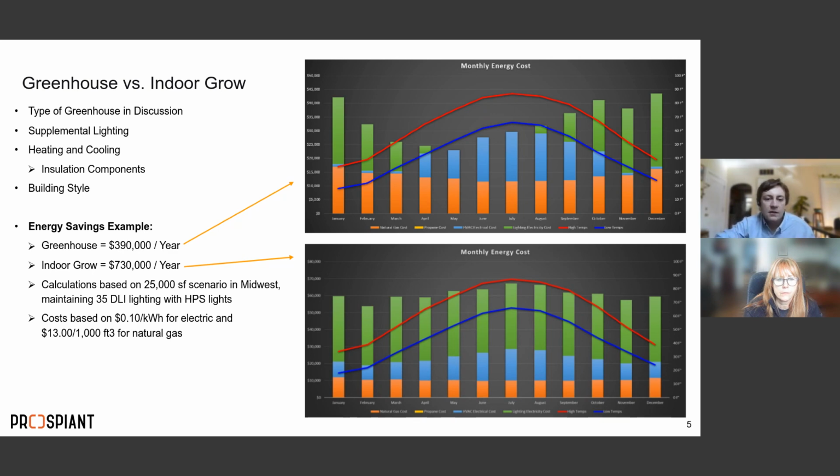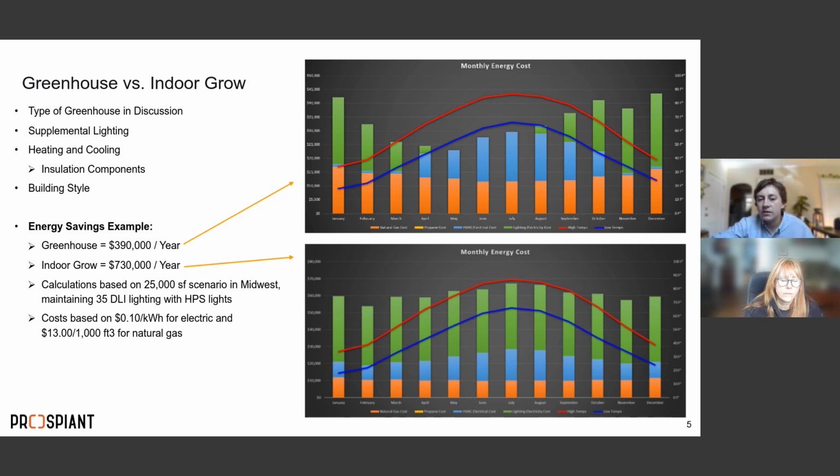So at the end of the day, we were running the calculations on this and found that the greenhouse had about $390,000 in electrical and gas usages for the year to run these 4 systems, or basically just the systems in the greenhouse. And then the indoor grow had almost double, at $730,000 a year of expenses. It's a big difference, and you can see why per the graphs.